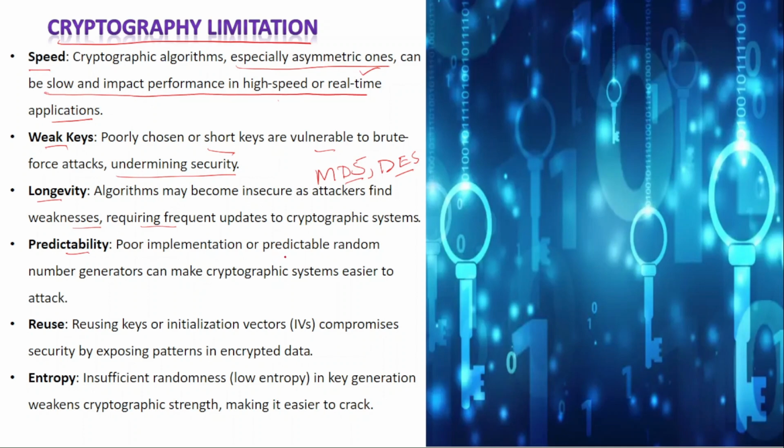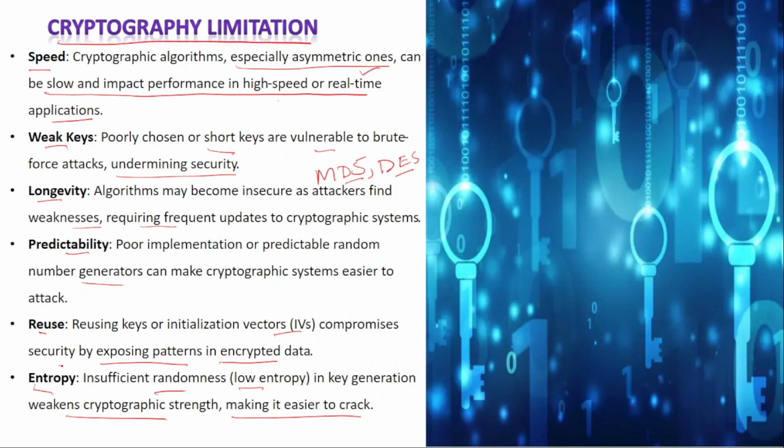Predictability. Poor implementation or predictable random number generators can make cryptographic systems easier to attack. Reuse. Reusing keys or initialization vectors compromises security by exposing patterns in encrypted data. And entropy, insufficient randomness. Low entropy in key generation weakens cryptographic strength, making it easier to crack.